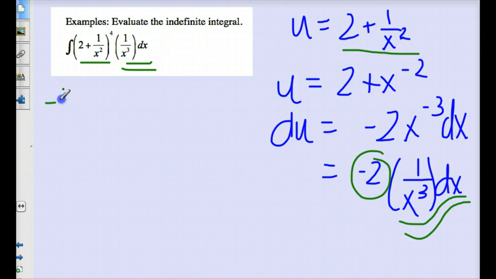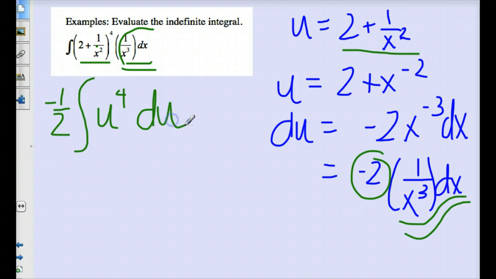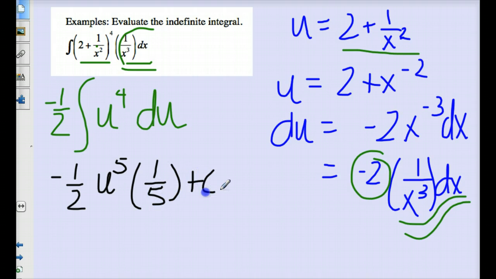So I'm going to pull it out as a reciprocal. I'm going to integrate. In this case, I can put u to the 4th. And we know this whole thing right here is covered by du. And once again, I'm at the power rule. So I get negative 1 over 2, u to the 5th, times 1 over 5, plus c.